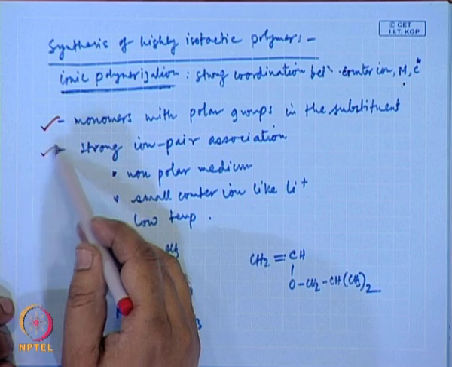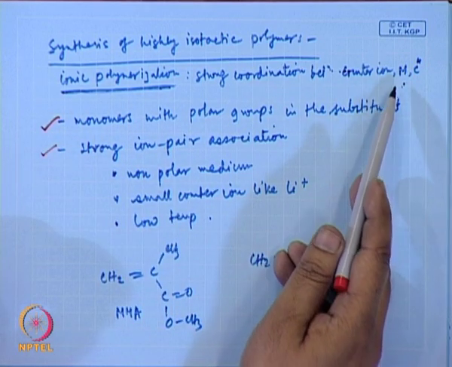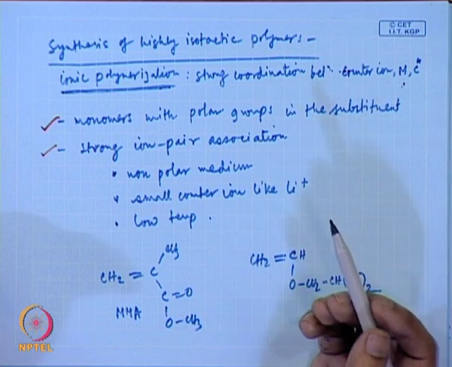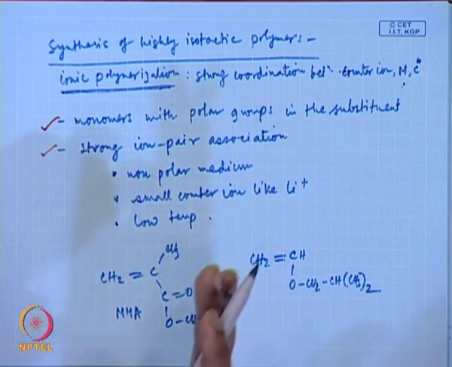Now, if the active chain end, whether it is a cation or an anion, and the counterion are free, then we have seen what types of stereochemistry we are going to get, but if they are very tightly bound, then they can coordinate. How can we make sure that the counterion and the active chain end are tightly bound?